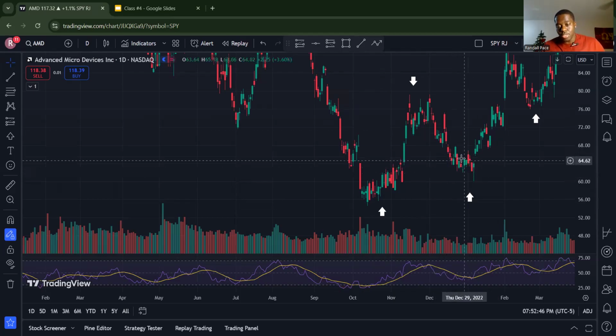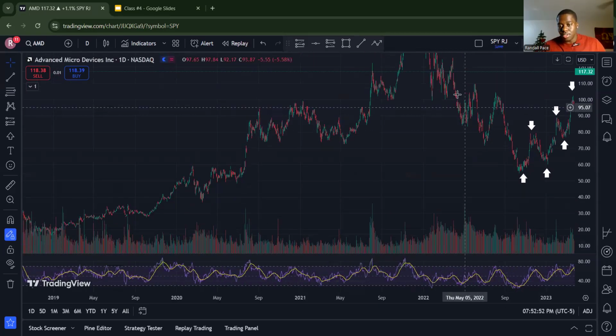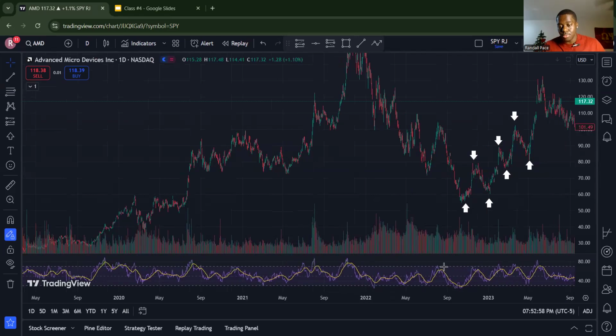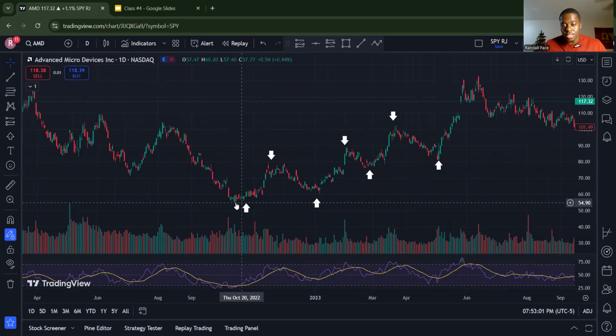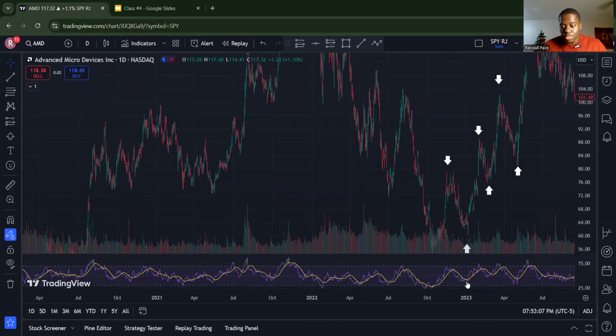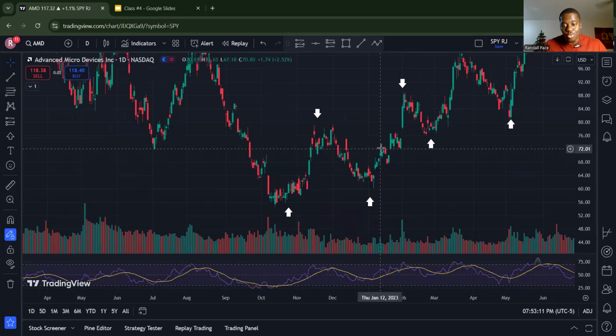If this was to keep going down and break these lows, that would continue this larger trend at the time. Because the trends, they constantly change. But as long as this low was held, this was bullish. So technically, if you was to get in this trade, you really would have no reason to sell at all, right?